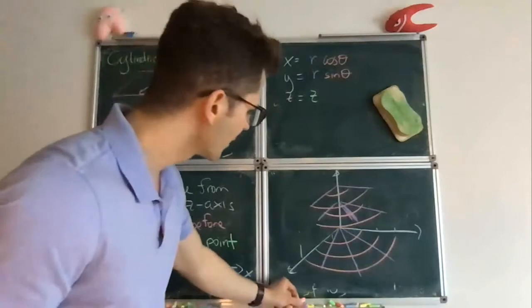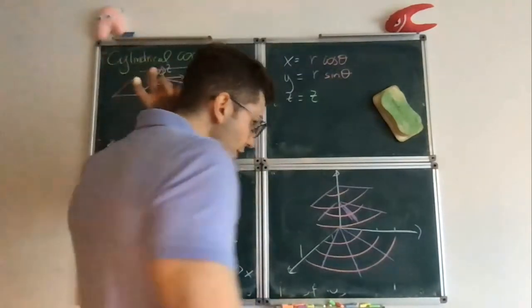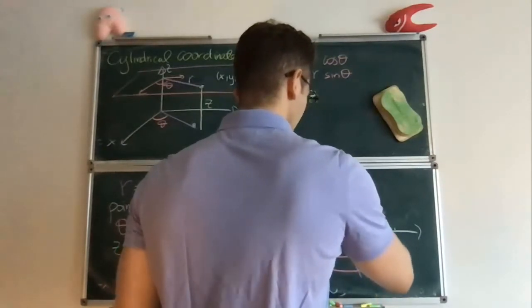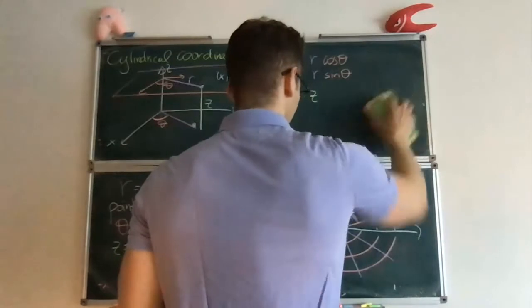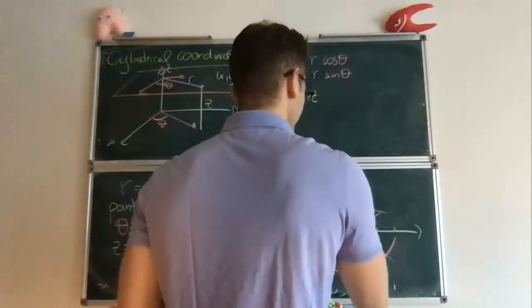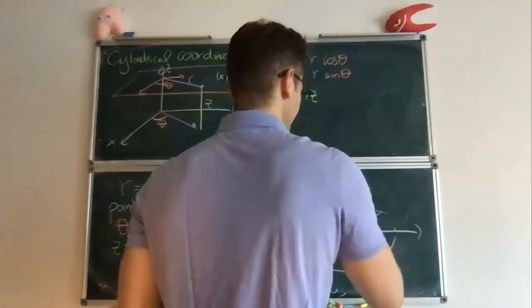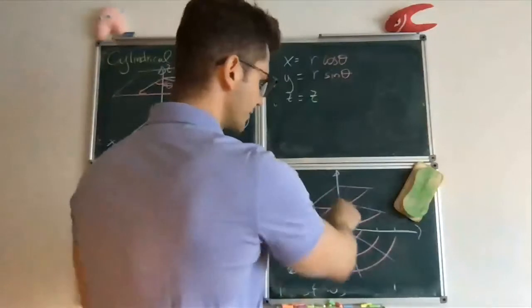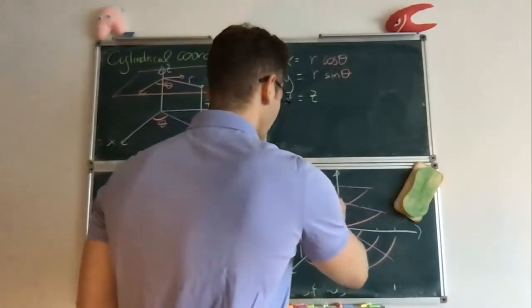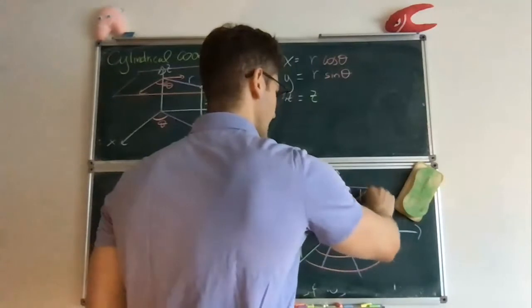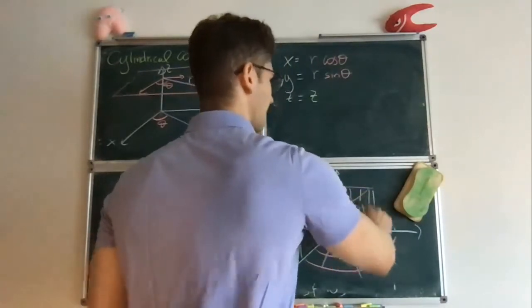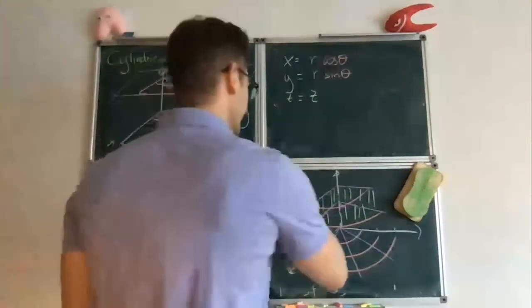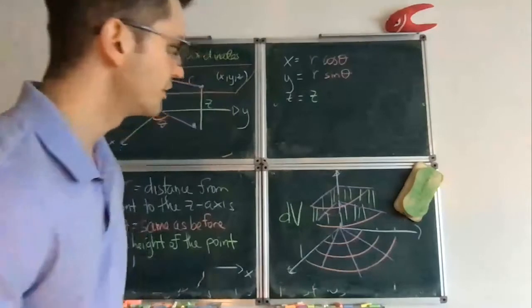Okay, and what I'm trying to show you is that there's some volumetric region in between these two things. Let's say you have something like this. Yeah, now this looks a little bit better. What you should think is that there's some volumetric region between these two pieces of circular sectors, and so this is the dV that we want to compute using cylindrical coordinates.